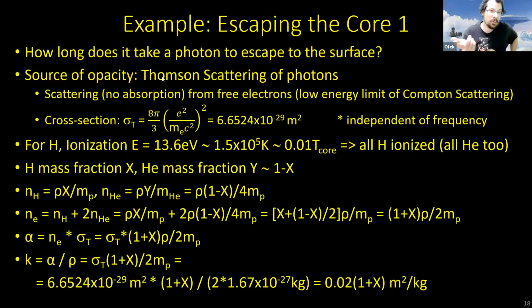Not an absorption process, a scattering process. It's scattering of photons bouncing off of free electrons. And you can think of this as a low energy limit when the electrons have low energy compared to their rest mass, that is, low temperature relative to relativistic temperatures or energies, the low energy limit of Compton scattering.